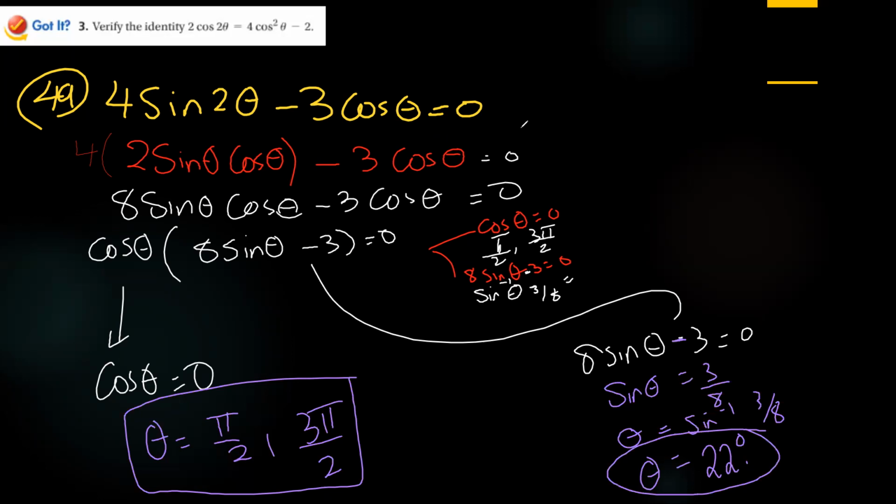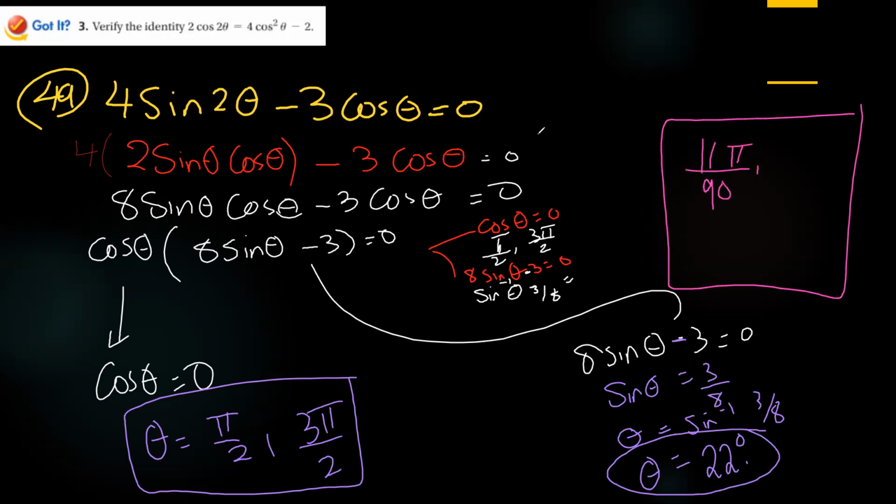Let's write it in radians. 22 divided by 180 is 11 over 90. So the values are 11 pi over 90, pi over 2, and 3 pi over 2. These are the 3 angles that will be the solution of number 49.